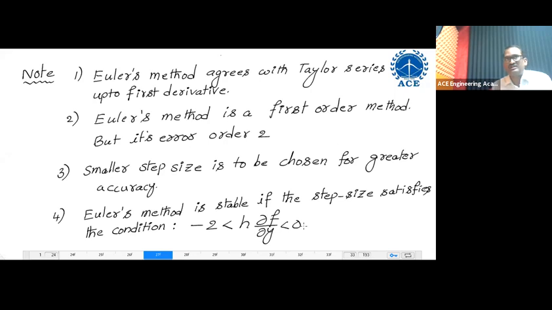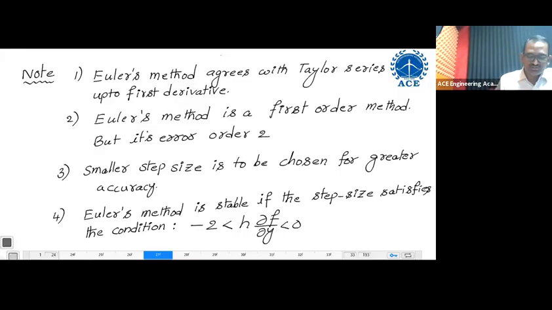By applying this condition, you will get the range of h. If you get 0 less than h less than 3, that means the smallest subinterval size is 0 and the largest subinterval size is 3. That means you can split the given interval into equal lengths of subintervals such that the maximum subinterval size is 3. By using that formula, we will get the maximum possible subinterval size.